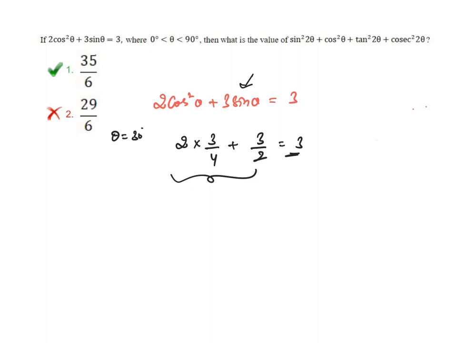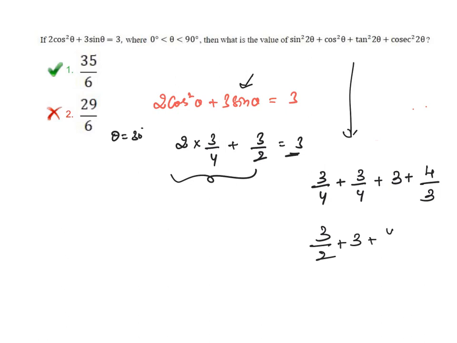So if theta is equal to 30, see this expression value. Sin 60 is root 3 by 2, whole square is 3 by 4. Cos 30 is root 3 by 2, whole square is again 3 by 4. Tan 60 is root 3, and cosecant square 60 is 4 by 3. 3 by 4 plus 3 by 4 becomes 3 by 2, plus 3 plus 4 by 3.